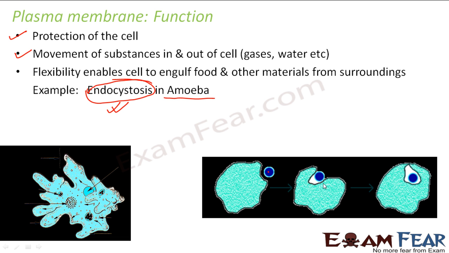When it changes shape, the food molecule will enter inside this gap. As soon as the food molecule enters the gap, the amoeba again changes its shape in this fashion. So that is how it helps to intake food. Here the food was outside, now the food is inside the amoeba, right? So because of the flexibility of the plasma membrane, amoeba can intake food, and this process is known as endocytosis. So this was another very nice function of the plasma membrane.